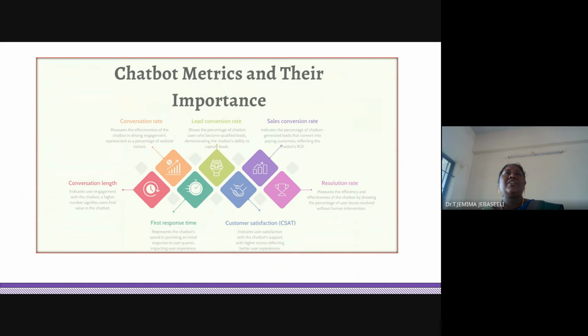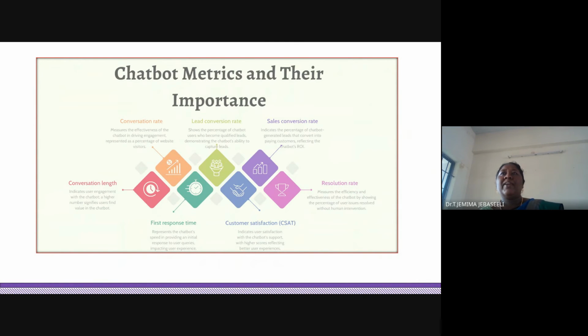Some person standing in the showroom, when they explain, definitely you will analyze their performance. Similarly, the AI application performance also you should analyze. Okay. So sales conversion rate, resolution rate, customer satisfaction rate, fast response time, conversation length.